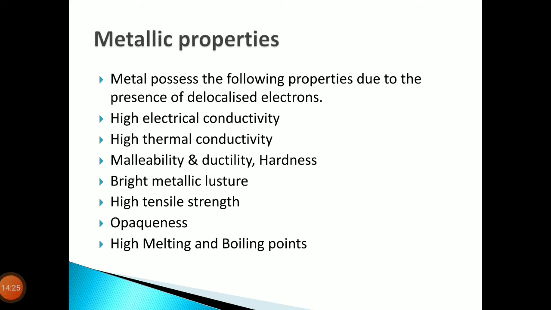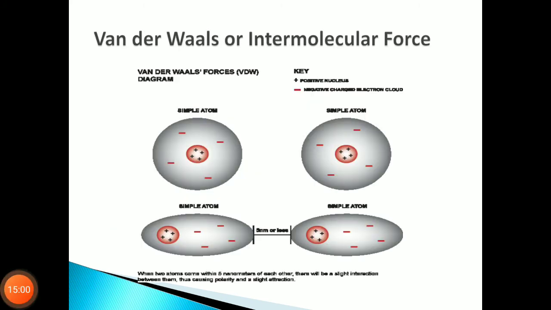Metallic bonds are non-directional, and metallic bonding in metals account for many physical properties of metals such as metallic luster, electrical conductivity, thermal conductivity, malleability and ductility, hardness, opacity, and high melting and boiling points. All these properties of the metals can be attributed to the presence of these delocalized free moving electrons throughout the metallic structure.